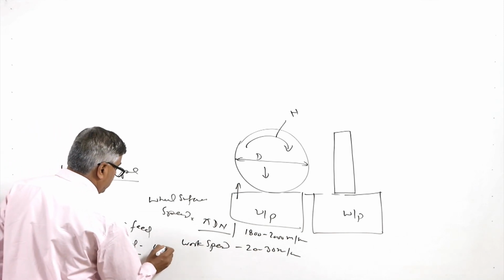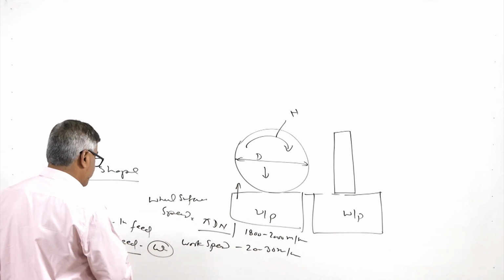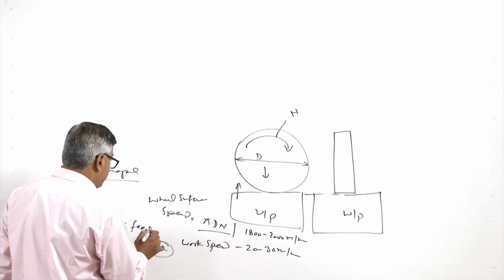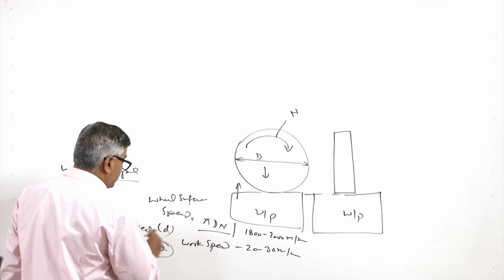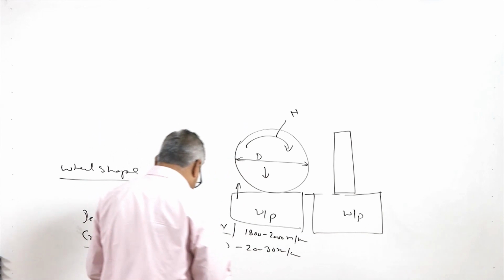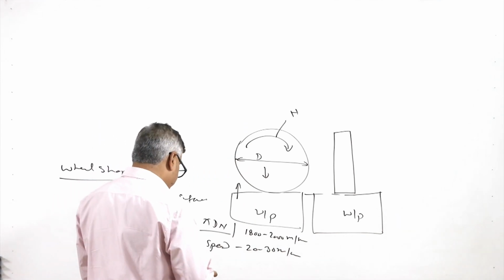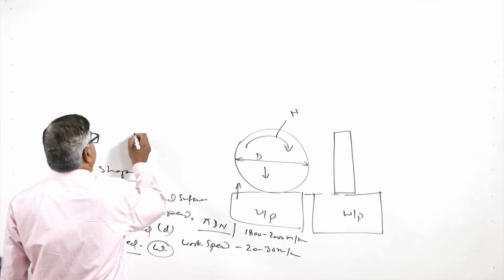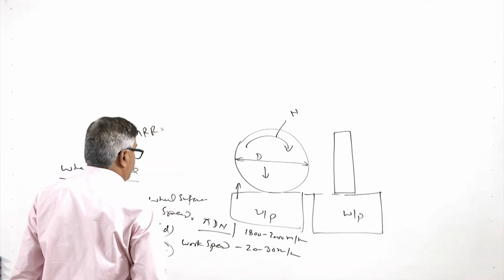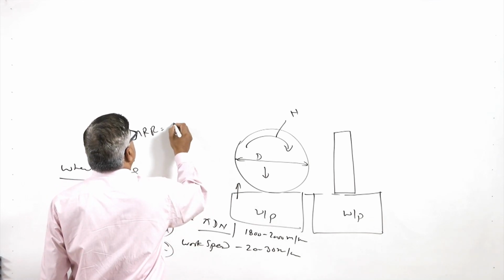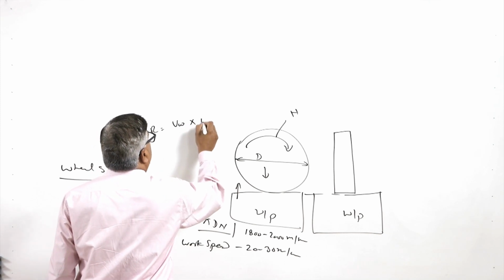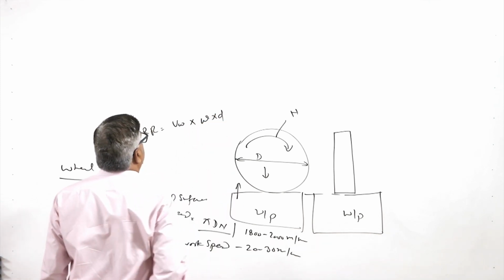So, width of cut is indicated by the letter W, and the in feed or depth of cut is indicated by the letter D. If you have to obtain the metal removal rate, then the metal removal rate is obtained in terms of the speed of the workpiece V W, where W is the width of cut and D is the depth of cut.